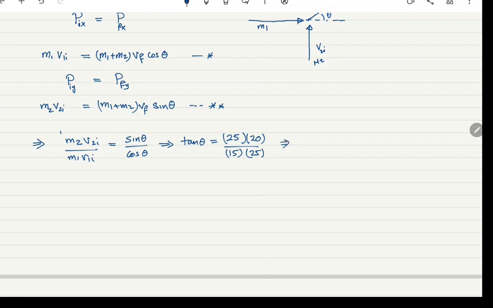So theta equals tan inverse of 20 divided by 15, so theta equals 53.1 degrees. Just substitute theta in one of these two equations, and you will get v final equal to 15.6 meters per second.